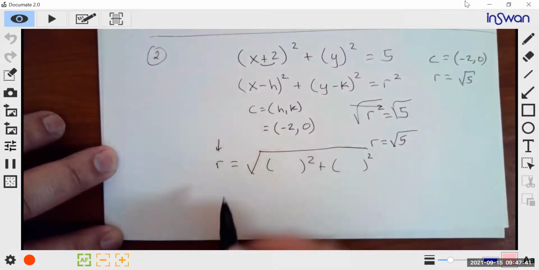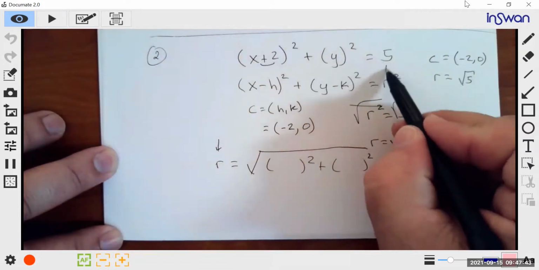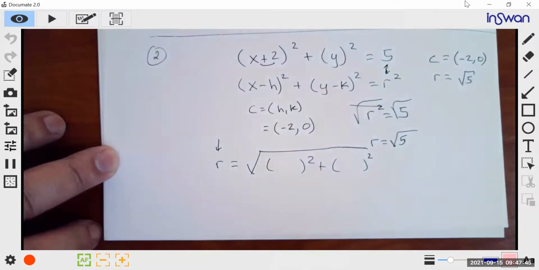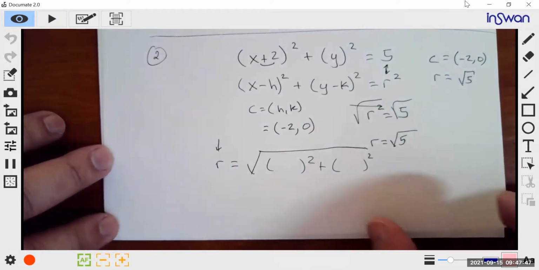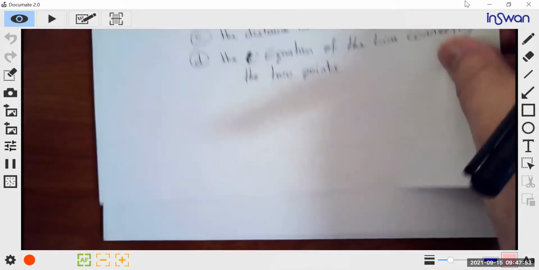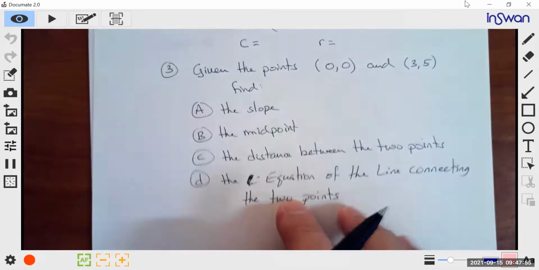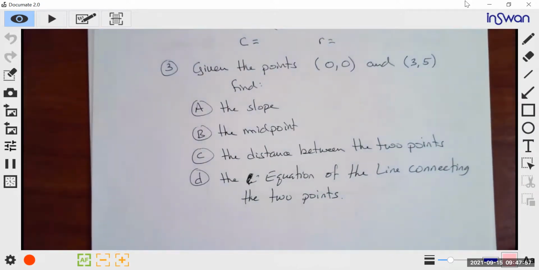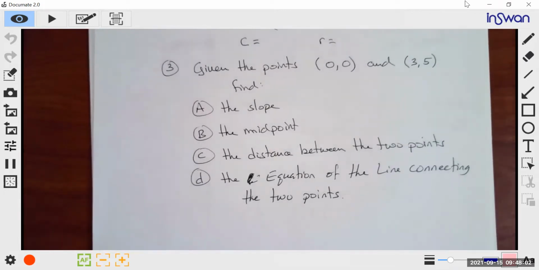If there's no square root, then this number is r squared. Trick question. Question number 3. This one's the most busy one. Given the points 0, 0, and 3, 5, find the slope, midpoint, distance, and the equation of the line connecting them.